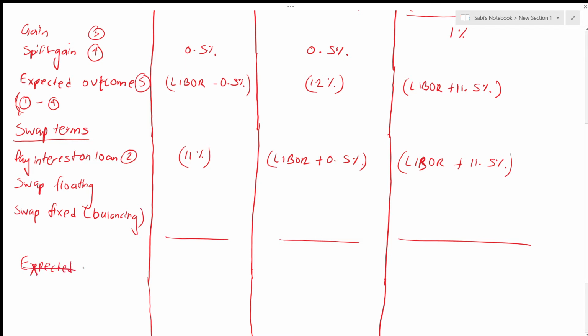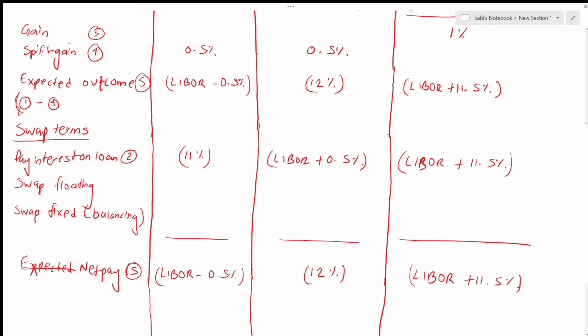It has to be the same as number 5. That's why I will show number 5 here, same as expected outcome. So it will be LIBOR minus 0.5. Whatever you do with swap, all the time remember, your end result has to be that expected outcome. That is the whole purpose. If you don't get that, then somewhere you are wrong.